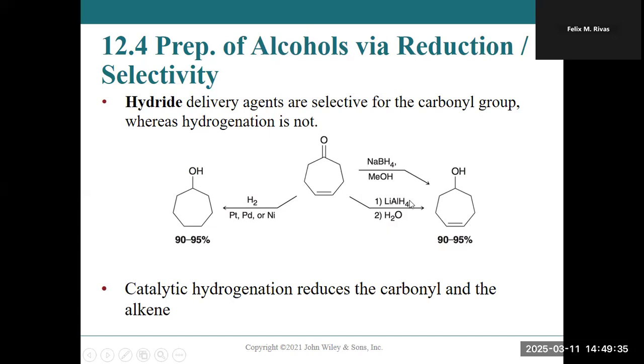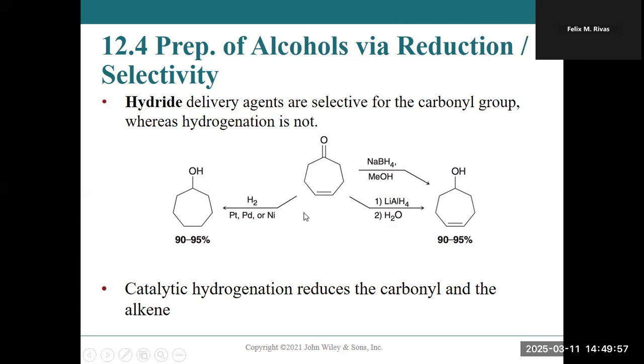First is the reduction step with lithium aluminum hydride. Then to stop the reaction, you add water as a separate step, and that's where the hydrogen on the alcohol O is going to come from. In the first method, the hydrogen on the OH comes from the methanol. But these could not be added together in this case.